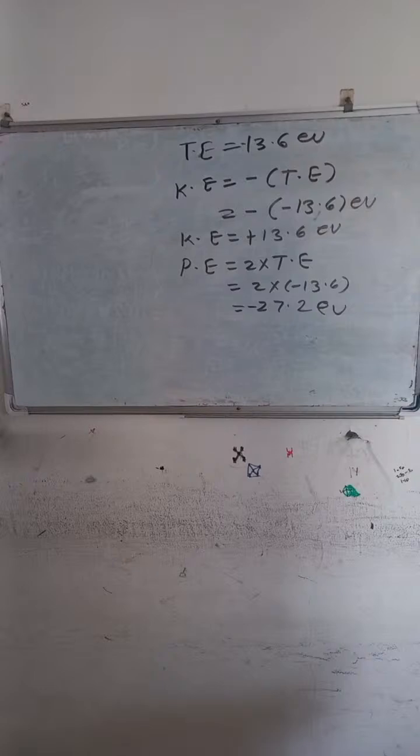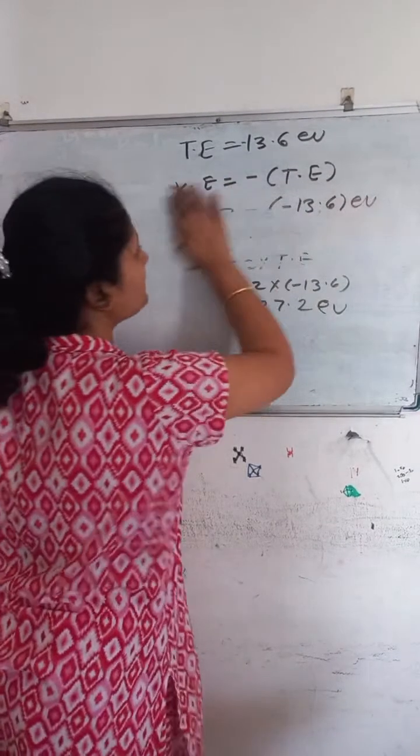So what is the maximum number of spectral lines emitted by the hydrogen atom when it is in the third excited state? We have to find the maximum number of spectral lines when it transitions from the third excited state to the ground state. That means the transition of the electron from n equal to 4, which is the third excited state, to the ground state, that means 1.